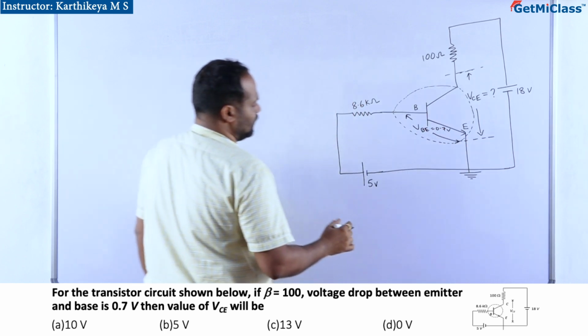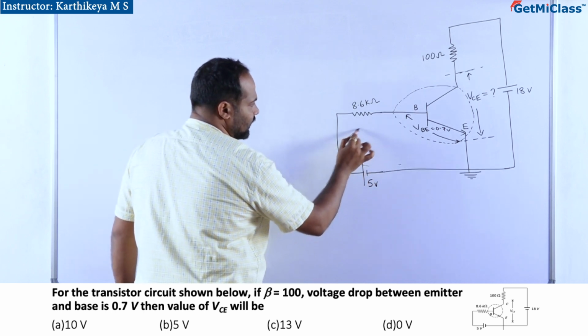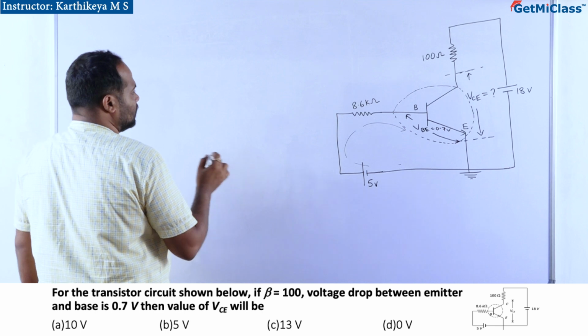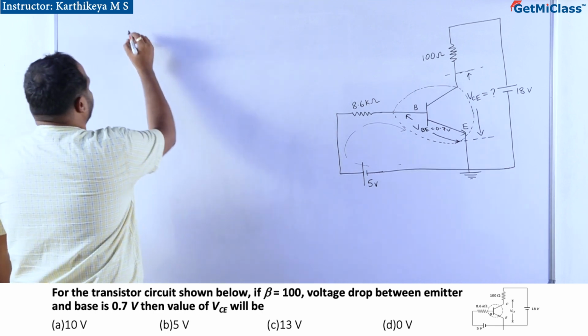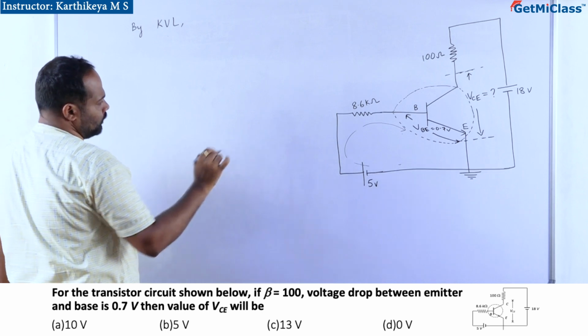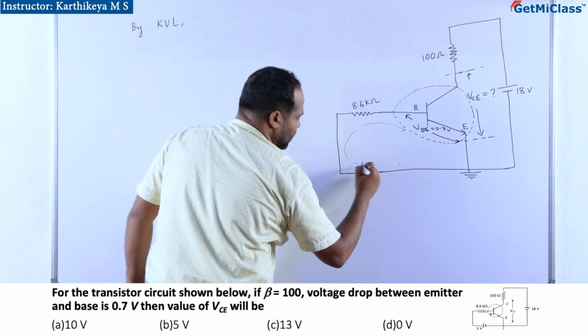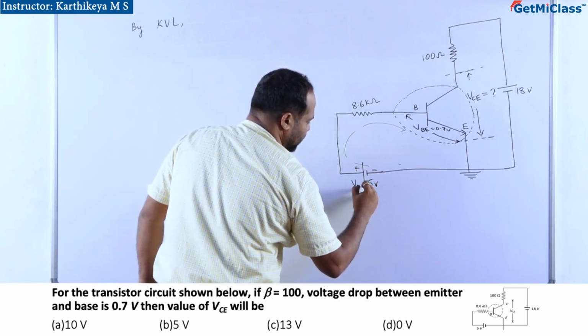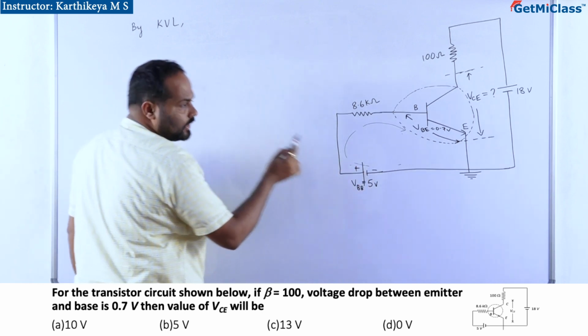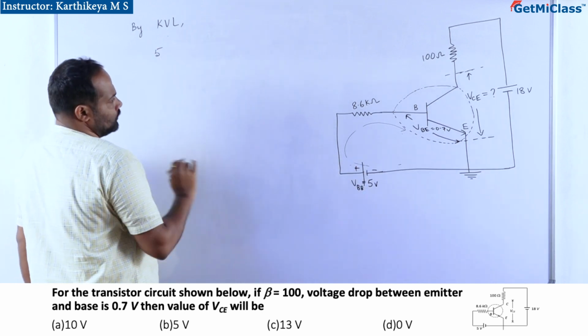Voltage drop between emitter and base is 0.7 volt. Now you apply the loop first. That will be by KVL, that is Kirchhoff's voltage law, to the loop. You start from the negative of this VBB voltage, that is negative to positive, rise in potential 5.